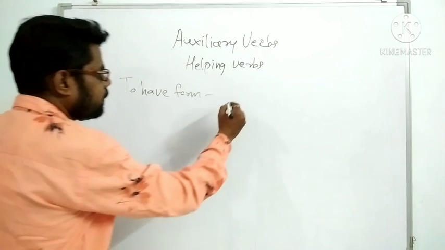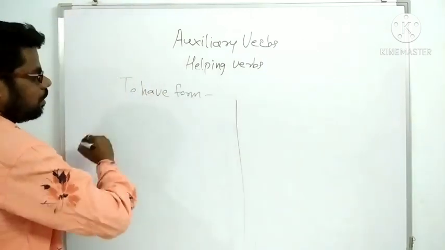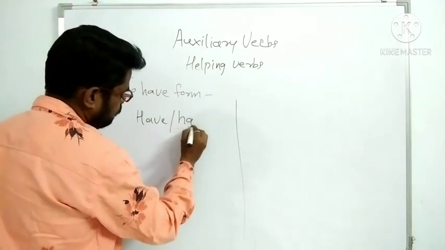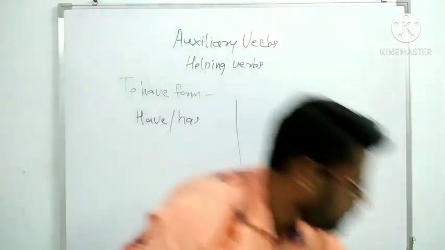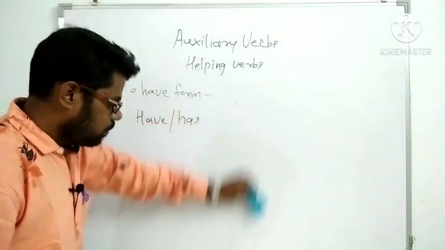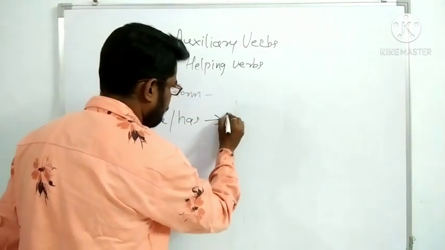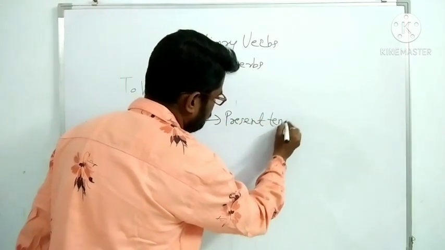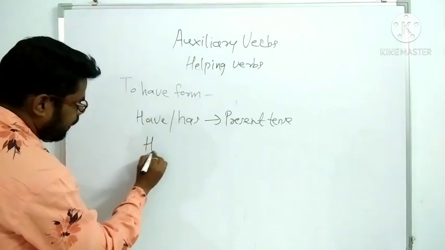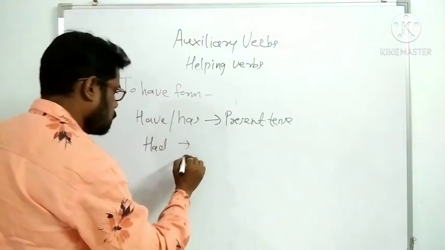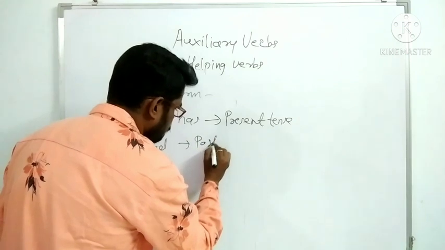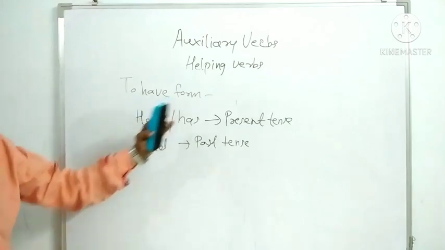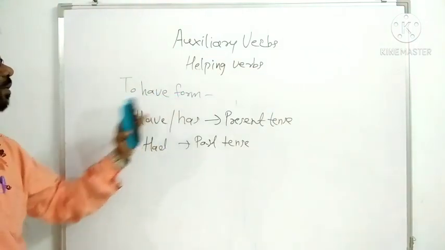So see here, have and has, they indicate the present tense. And had, it shows the past tense. So these, have, has and had, are the to have forms.